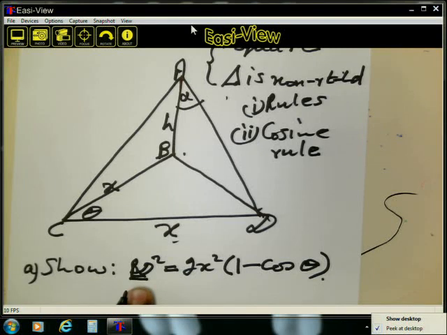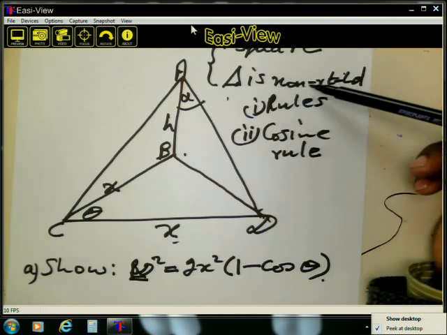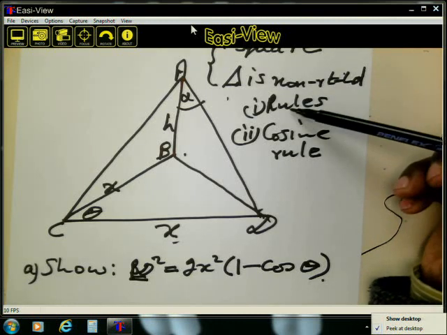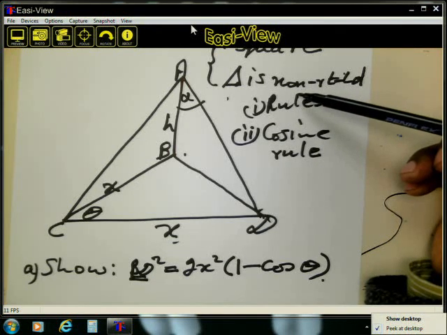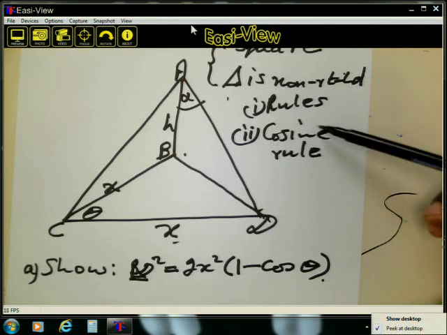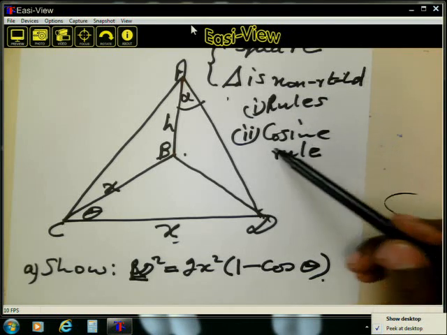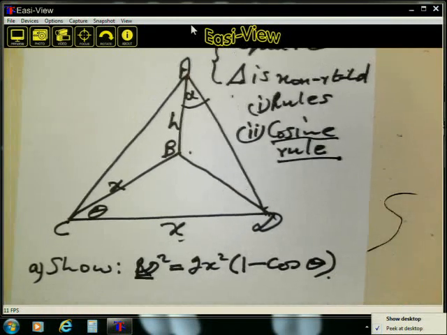but the square, like I indicated, together with the fact that it's non-right angled, suggests that we can't use the definitions of sine, cos, and tan, but it also suggests that because there's a square, the one rule that involves the square is the cosine rule. And that is what then you proceed to use.